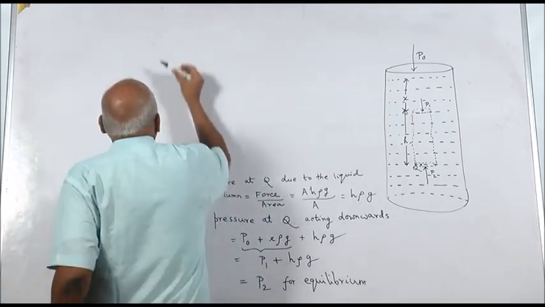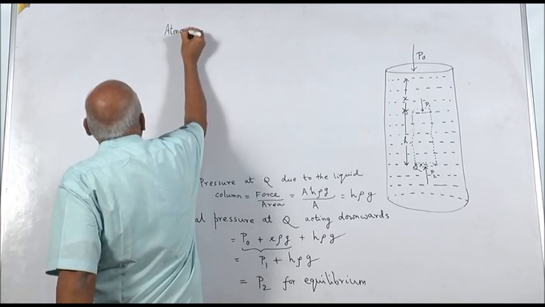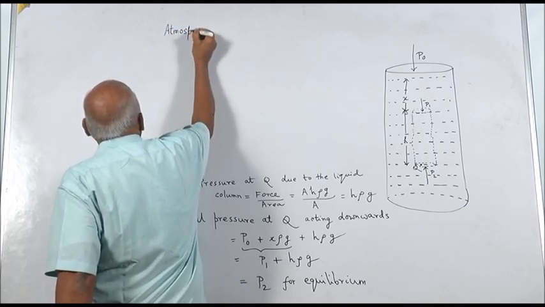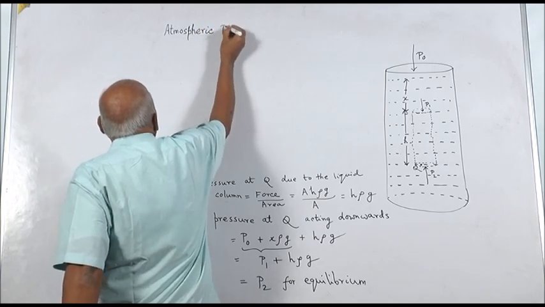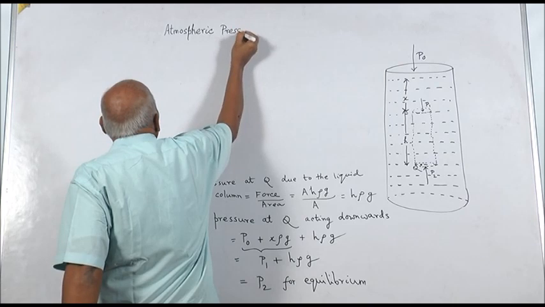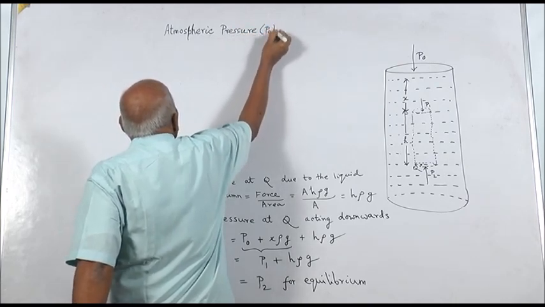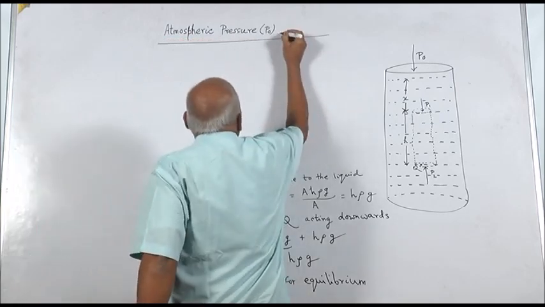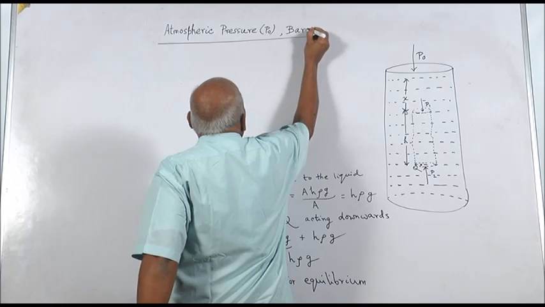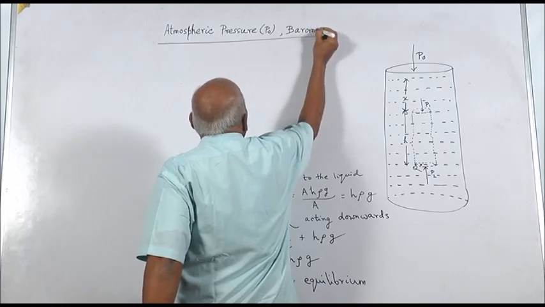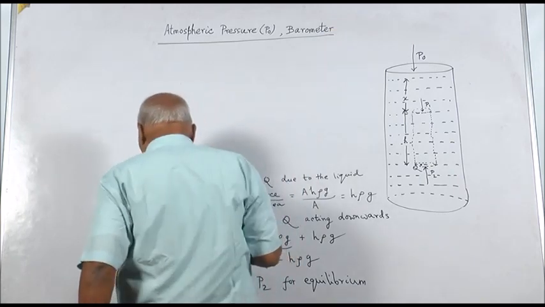So, atmospheric pressure P0, barometer. A barometer is the device to measure pressure.